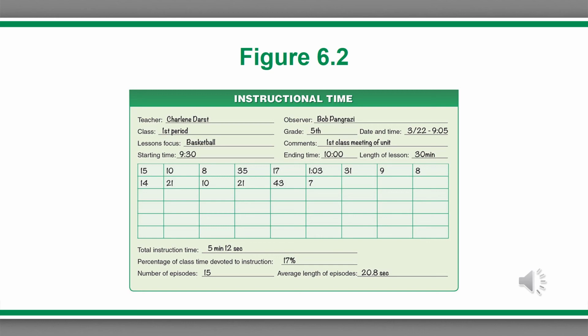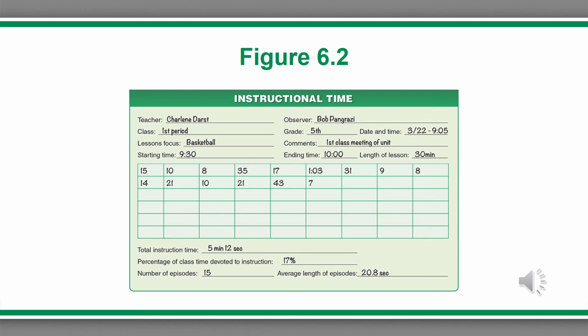So notice 15 seconds, 10 seconds, 8 seconds is how much time you spent on instruction. So if you count it all up, you had 15 episodes of giving instructions. So your total instruction time, if you add up all those seconds, is a total of 5 minutes and 12 seconds.